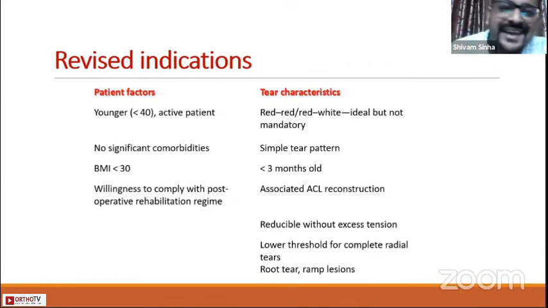Tear characteristics more or less remain the same: red zone, red-white zone, simple tear patterns, an acute tear associated with ACL reconstruction. But the most important thing is that the tear, whatever you are going to repair, should be without excess tension. There is a lower threshold for complete radial tear, root tear, ramp lesions, which we will see in the upcoming videos by our next speakers.